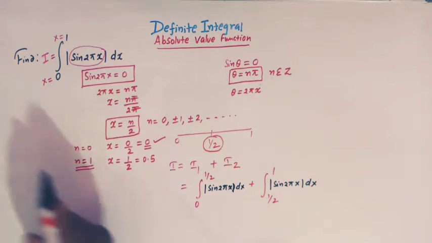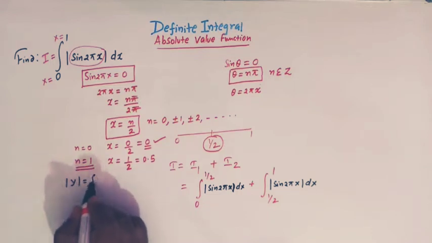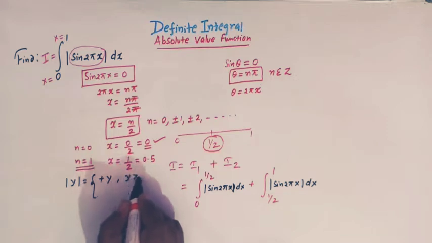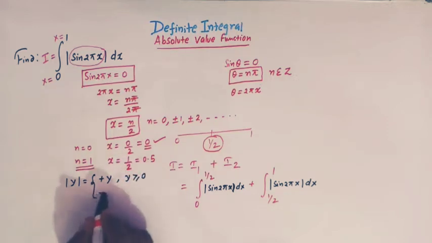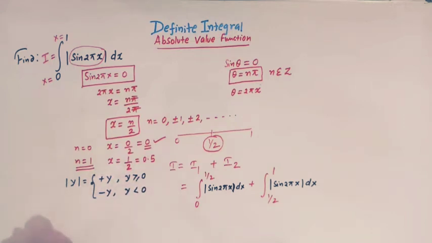Now we know that mod of y is equal to positive y whenever y is greater than or equal to 0, and minus y whenever y is less than 0. And here we'll take y is equal to sine 2 pi x.